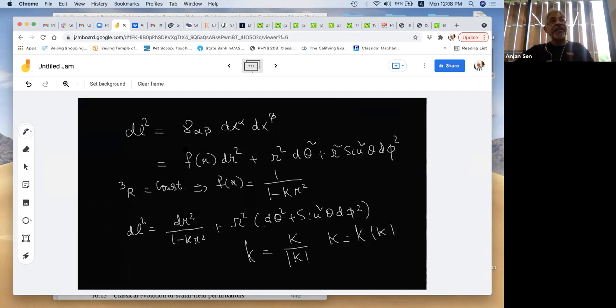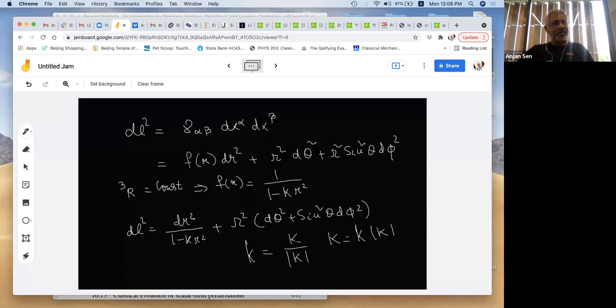As I said, there is an arbitrary time dependence outside this. This is the space part, but there is a time-dependent factor a²(t). So I can absorb that overall factor into a, which is not a problem. Then this small k is a dimensionless quantity, and it can only take values 0, +1 or -1.